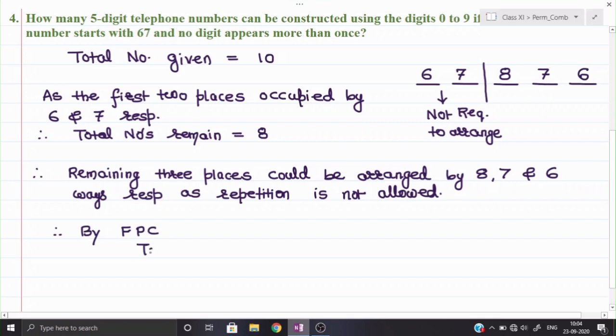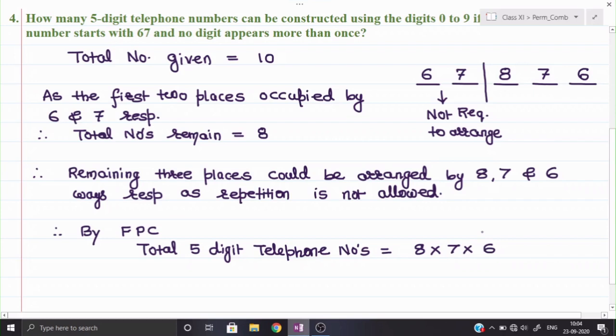we can say that the total 5-digit telephone numbers, how many will be there, that we will form as per the given condition. That will be 8 for the third place, for the fourth place 7, and for the last place 6.